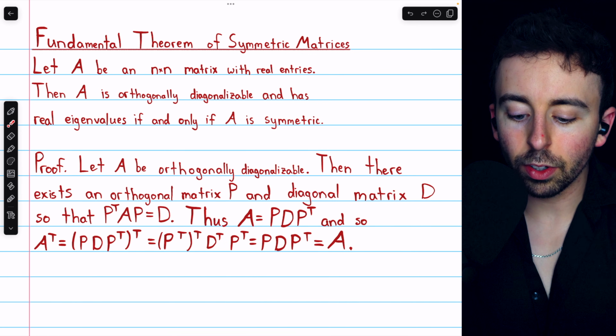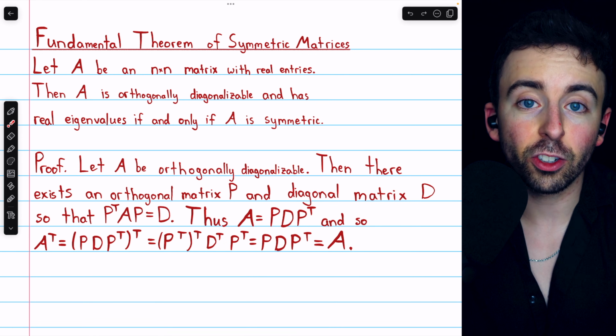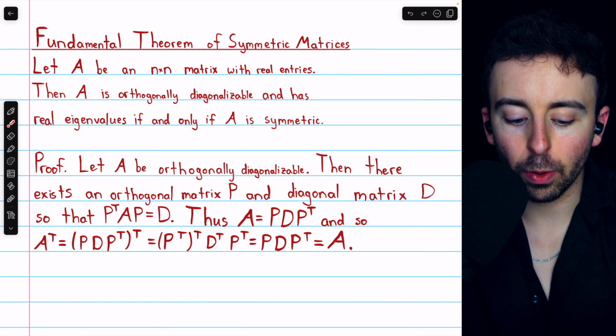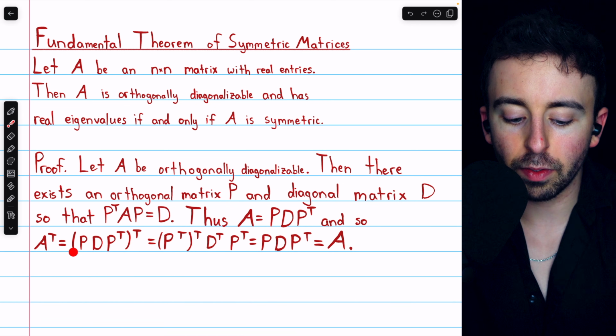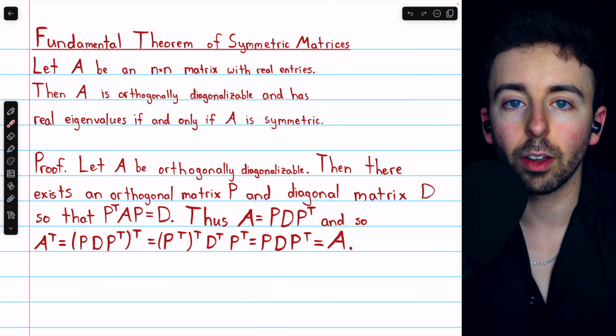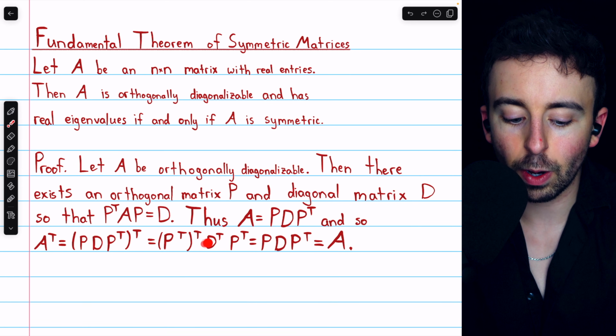So A equals this. Now we'll take the transpose of this and show that it doesn't change it in order to show that A is symmetric. So A transpose is equal to this transpose, and the transpose of this product is found by reversing the order and taking the transpose of the factors. So P transpose transpose, D transpose, and P transpose.